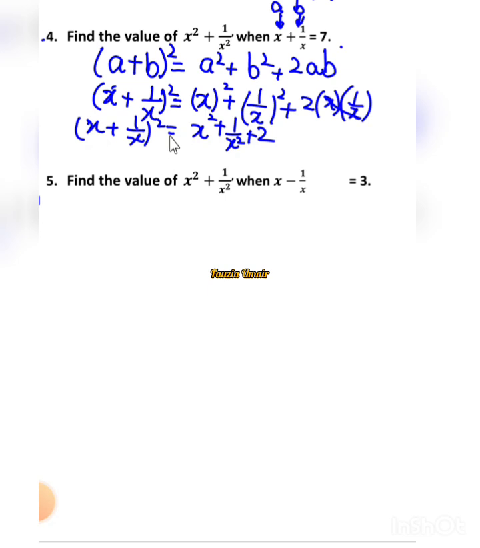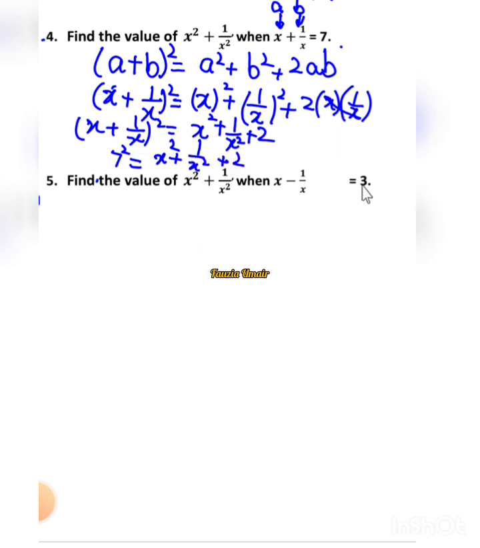Now I can put the value of (x + 1/x) whole square to find out the other value. So (x + 1/x) whole square is 7 square, and this is x² + 1/x² plus 2.